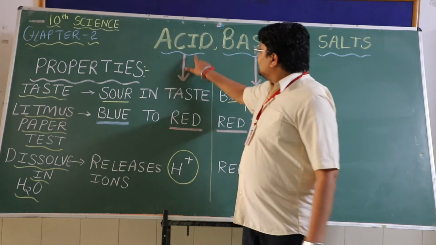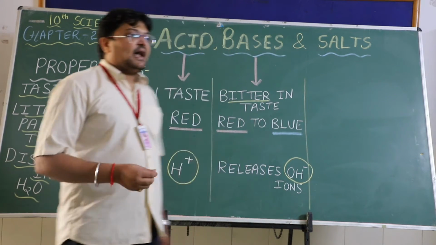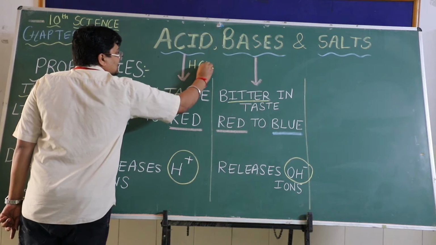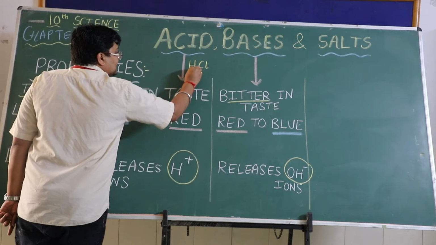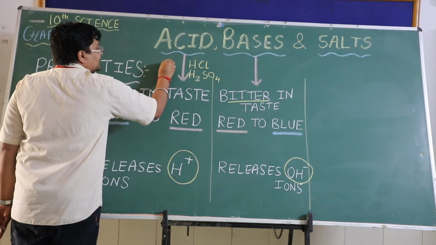We know that we have examples of acids. Acid examples are hydrochloric acid, HCl, then sulfuric acid, H2SO4. These are the examples of acid.